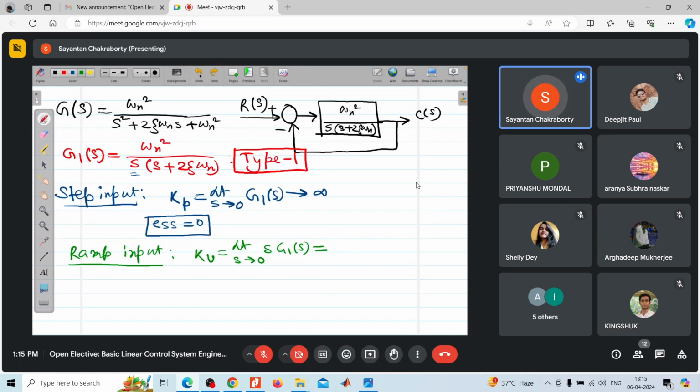If you cancel out, this s will get cancelled out, so s equal to 0 means some gain, so that will be omega n square by 2 zeta omega n, that is omega n by 2 zeta. So ESS will be, so there will be finite error, so you can calculate all these things.